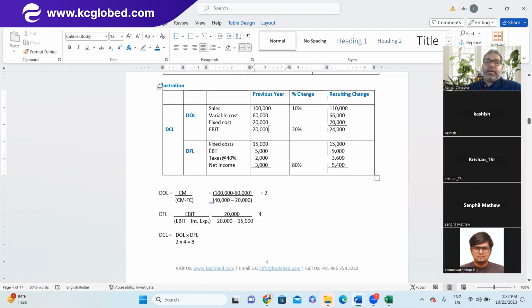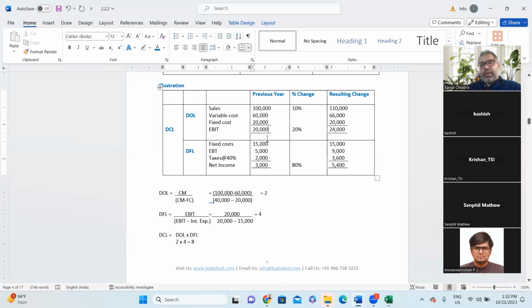And you have fixed interest cost of 15,000. So your earnings before tax is 5,000, and you have a 40% tax rate, $2,000. So your net income is 3,000, right? This is given for the previous year, right?